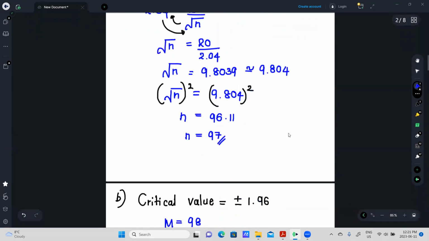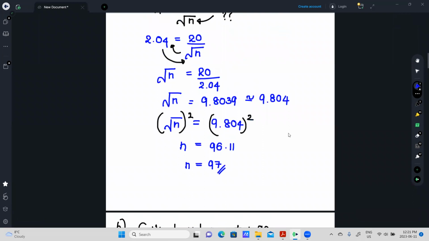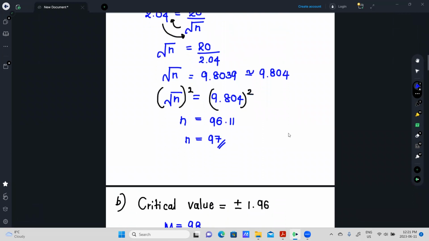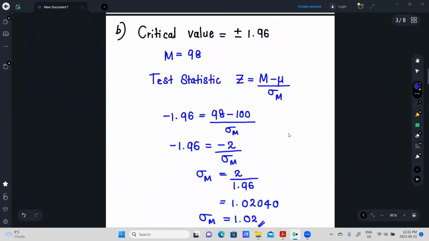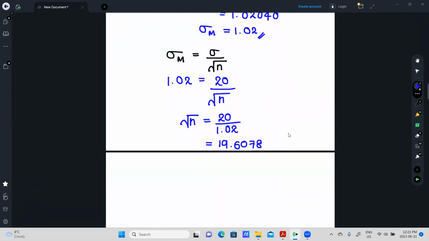Let's go and see the previous case. It was 20 divided by 204. This time it is 1.02, so our answer has increased to 19.6078. Square root of n is approximately equal to 19.61, let's say. So I'm going to get the squared value of both sides.